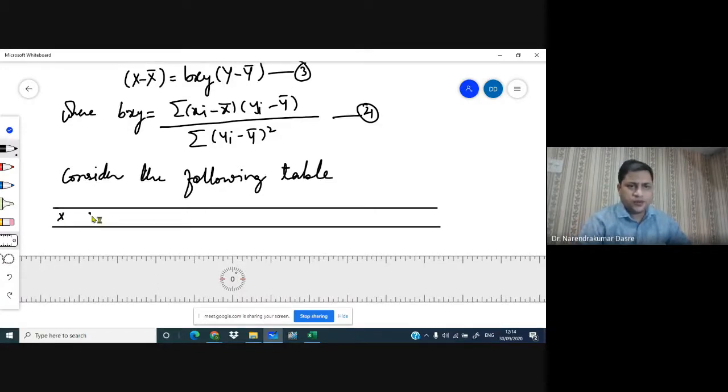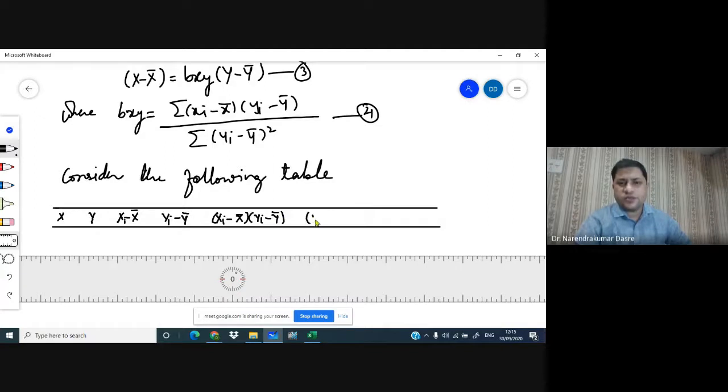X is given, Y is given. We want xi minus x bar, then yi minus y bar. Then we want the product of these two, xi minus x bar times yi minus y bar.